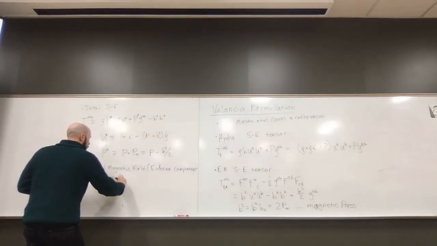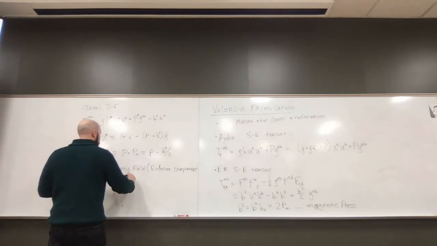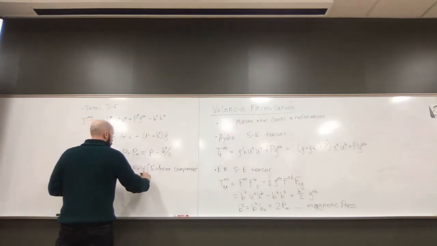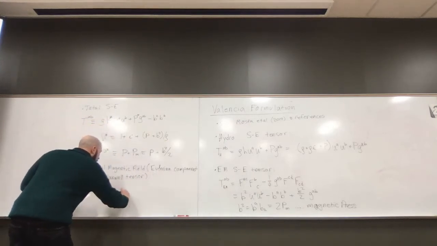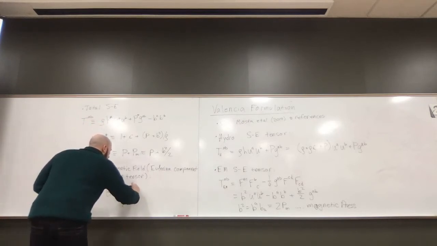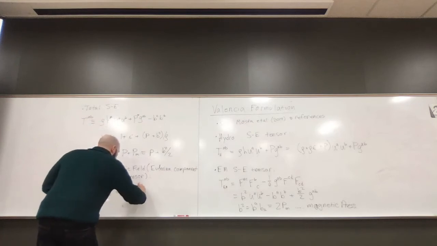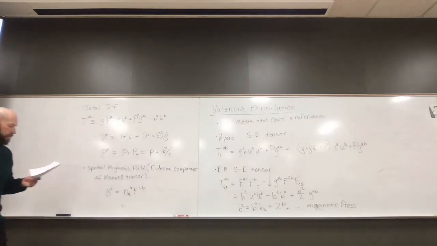That Maxwell tensor is the dual to the Faraday tensor. That's what that's called. So this looks like this: B^i is n_A, our normal vector, times the dual Faraday tensor.